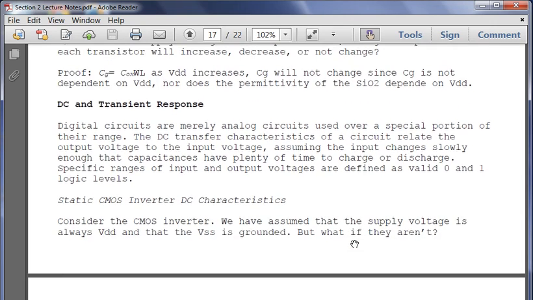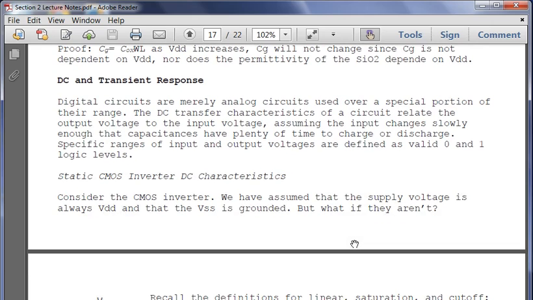Now we're going to start talking about how we can analyze these circuits. And eventually, later in the course, we're going to learn about SPICE, which is Simulated Programming for Integrated Circuits Extended, if I remember correctly. I think that's right. Now, digital circuits are merely analog circuits used over a specific portion of their range.